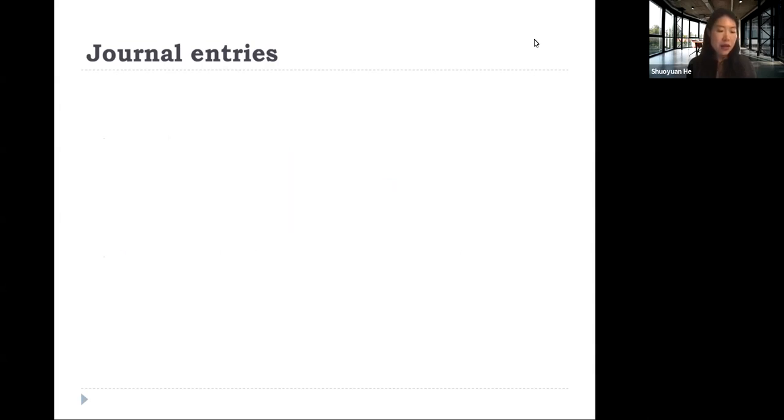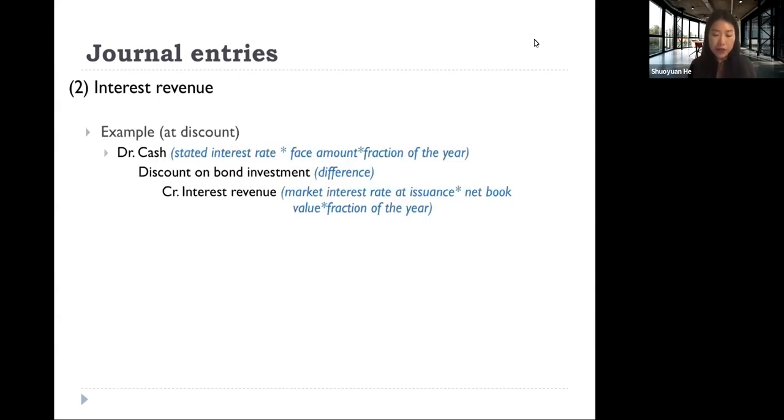And then the second journal entry. After we have purchased the bond, if it is not a zero coupon bond, then it should pay us coupon, which is paying us cash interest from time to time. And then what do we do when we receive this interest payment? First of all, because we're receiving cash, we debit cash.